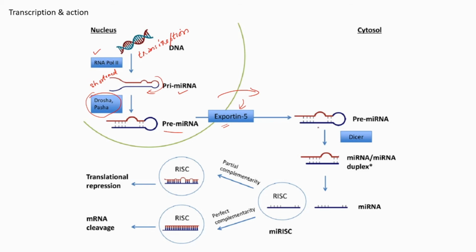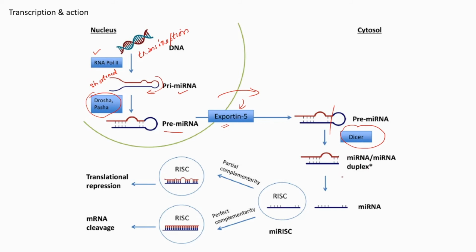Coming to the cytoplasm, it is acted upon by another protein called dicer. Dicer cuts and removes this loop portion, and what results? A double stranded miRNA duplex. Then this miRNA duplex is acted on by another enzyme. Its name also I will tell you later.